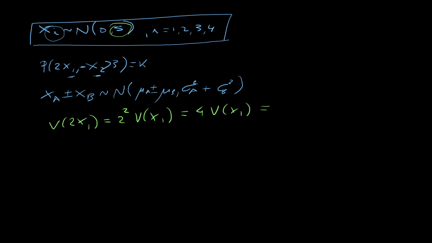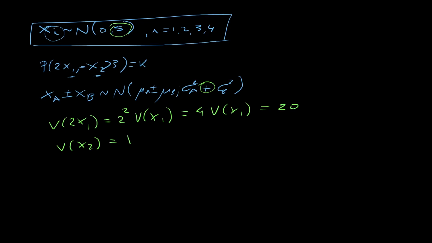So that means that in our specific example, it's 20. For the second one, notice that we don't have anything inside there. We only have a minus sign, but we know from the properties that it really doesn't matter if it's plus or minus, it will always be plus. So this means that the variance of X2 will be 1.